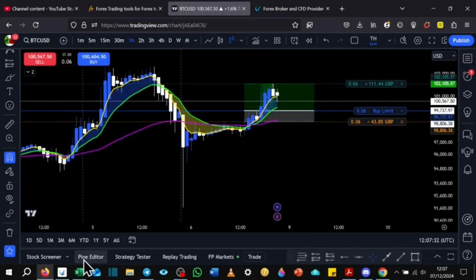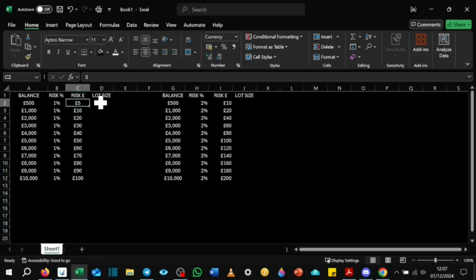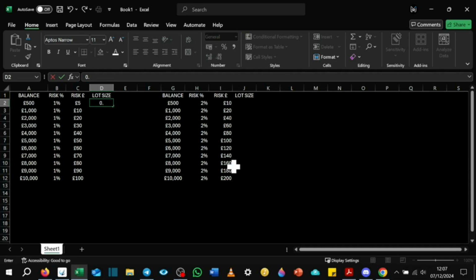So going back to the risk management, the lot size will be around, you could put down 0.02, for example. And then you just do the same thing.